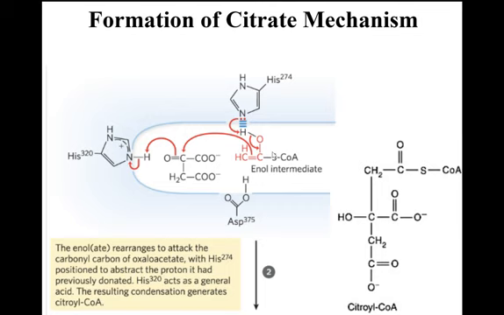You end up having this enol intermediate, and from there you eventually create citroyl coenzyme A as it reacts with the oxaloacetate.